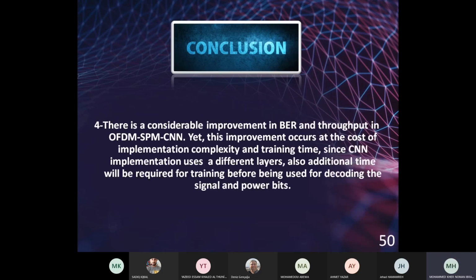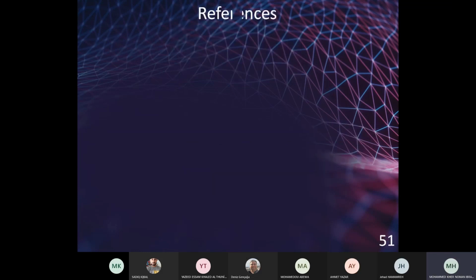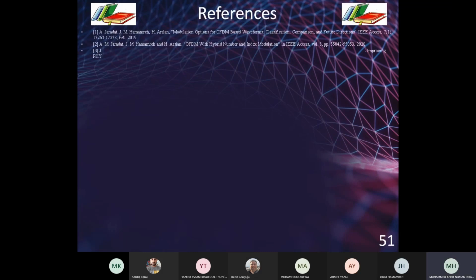But also, despite the considerable improvement in bit error rate and throughput, there is a disadvantage, because additional time is required for training. The training takes a long time for making the simulation. And I think this is the final part of my thesis.